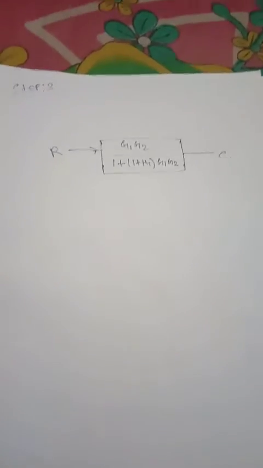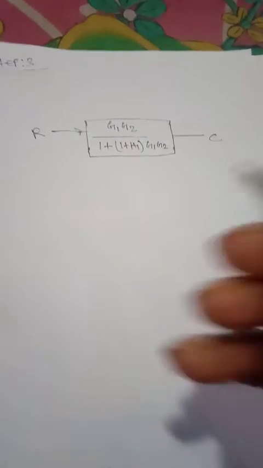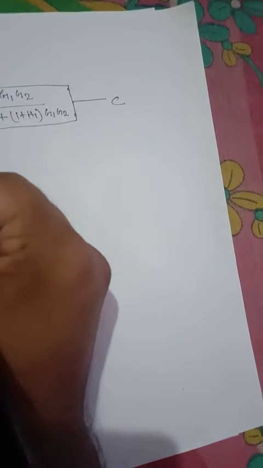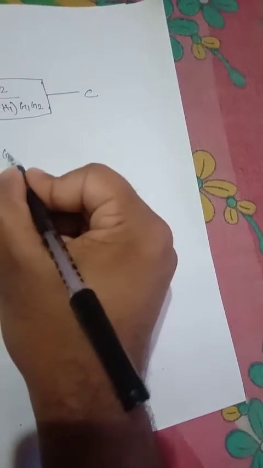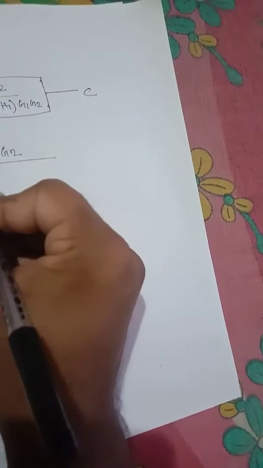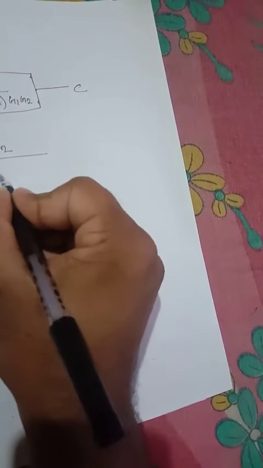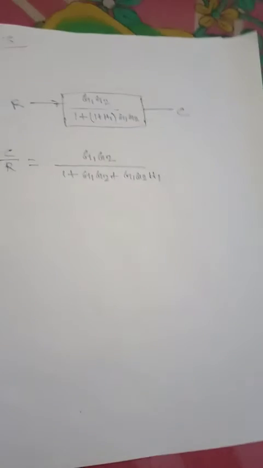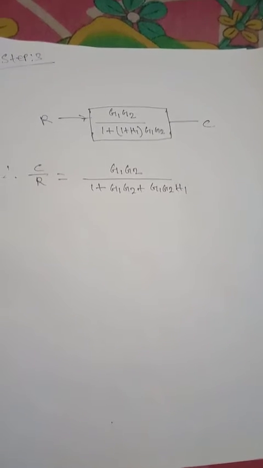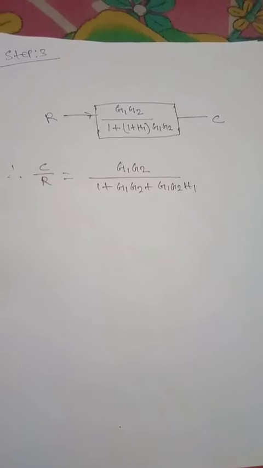R is the input, C is the output. The last step: output by input is equal to G1 G2 by 1 plus G1 G2 into (1 plus H1), that is, 1 plus G1 G2 plus G1 G2 H1. This is the transfer function.